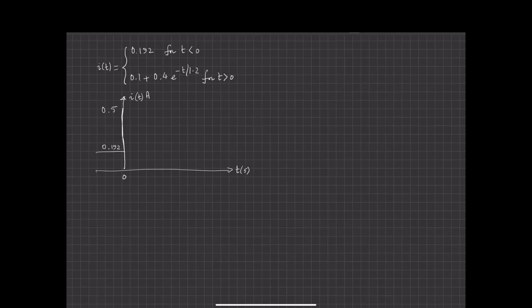And then there's this natural transient response going all the way to the forced response. What is the forced response? The forced response, if you recall, is 0.1.